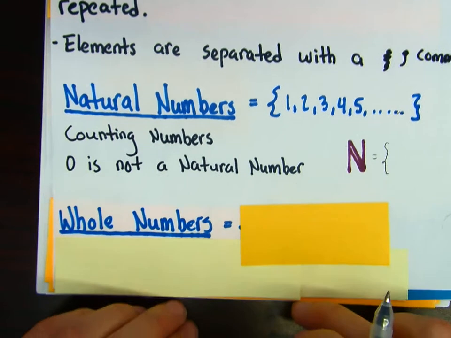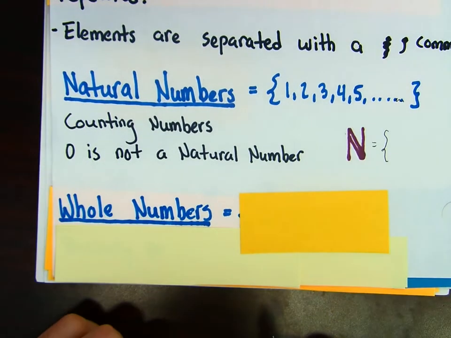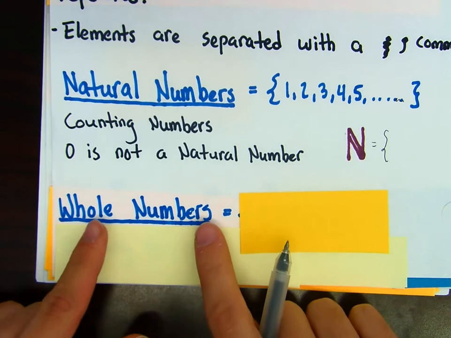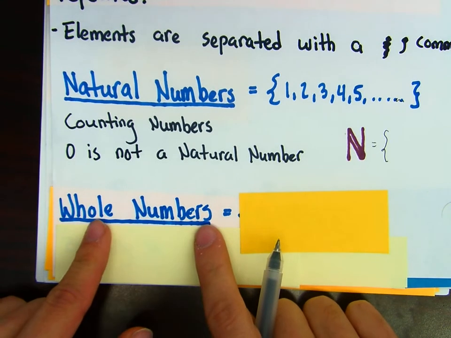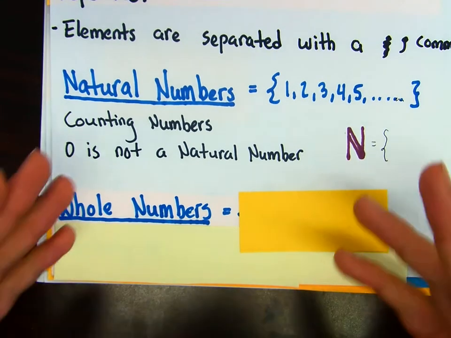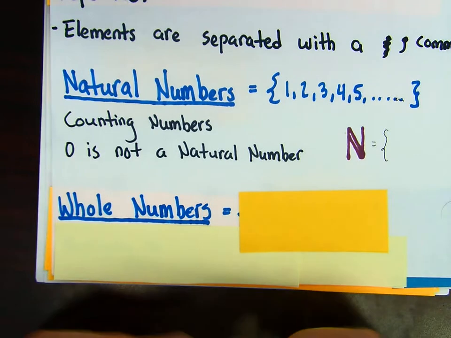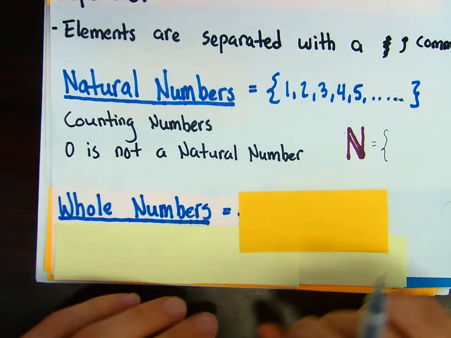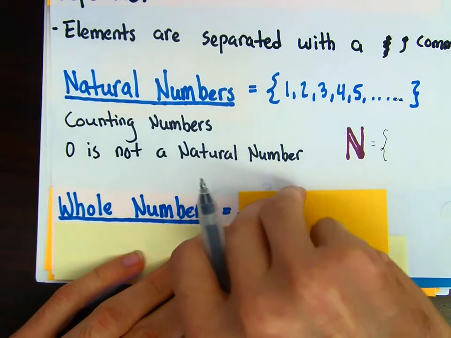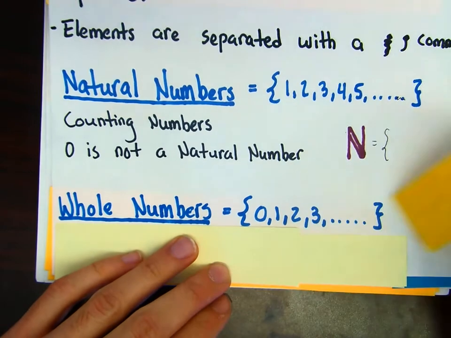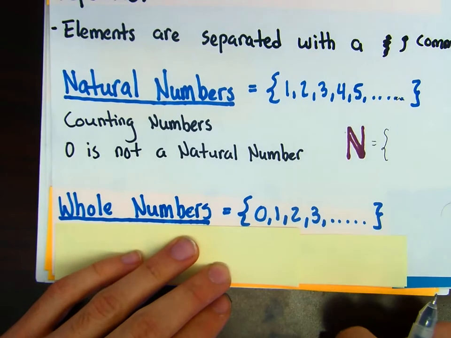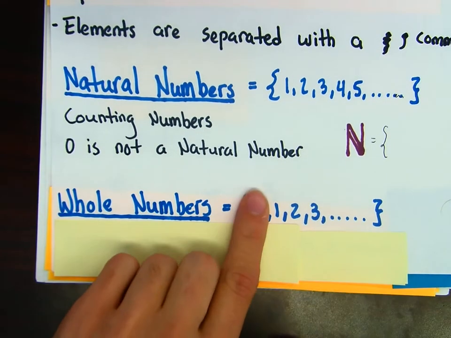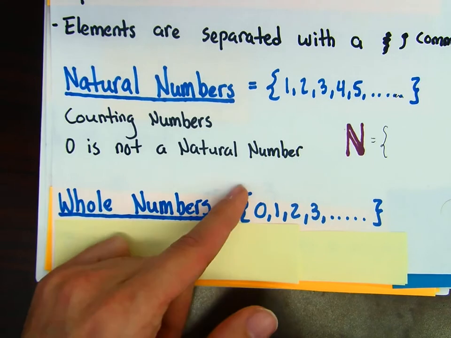Let's look at the next set. Here, whole numbers. If I said, hey, pause the video, what does it mean for a number to be whole? What would it be in your own words, right? Try and pause the video and think about that for a second. Here, what does it mean to be a whole number? Basically, it's all the natural numbers, including 0.